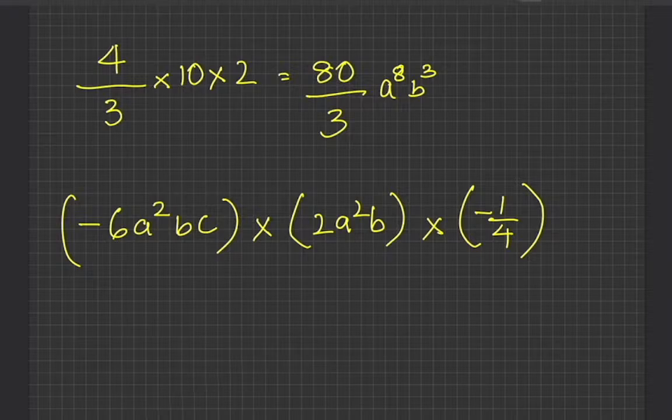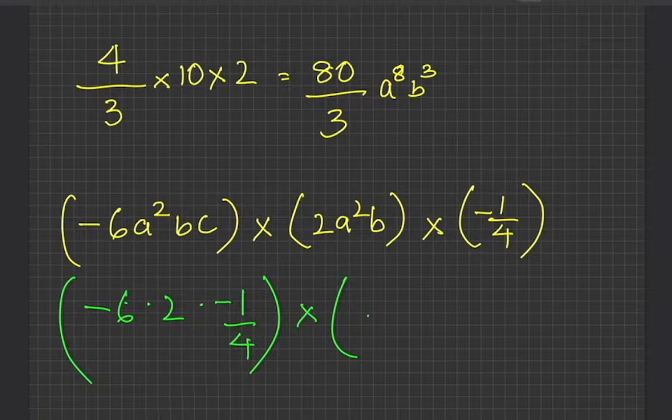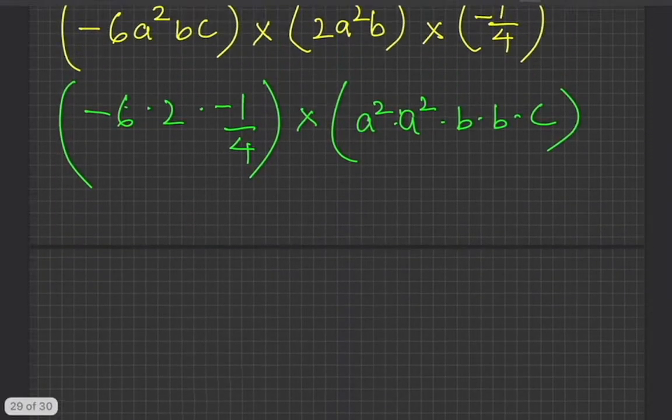Okay. So multiply the numerical coefficients, that is negative 6 times 2 times negative 1 by 4, multiplied by a squared times a squared times b times c. So negative into negative gives me positive, right?